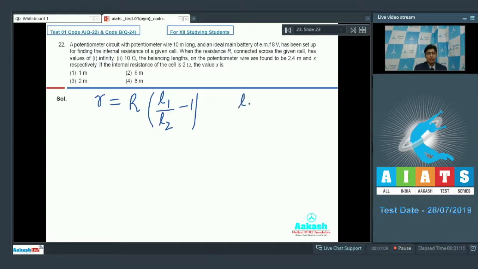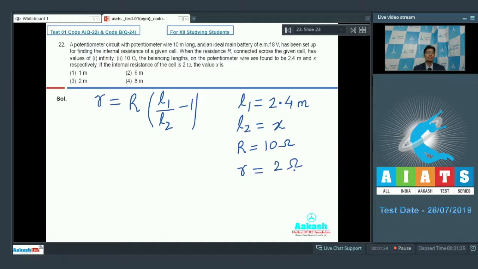Therefore L1 as per the question is equal to 2.4 meters, where L2 is the balancing length when the value of capital R is as per the question. Therefore L2 is equal to X. R has been given to us to be equal to 10 ohms, whereas small r has been given to us to be equal to 2 ohms.